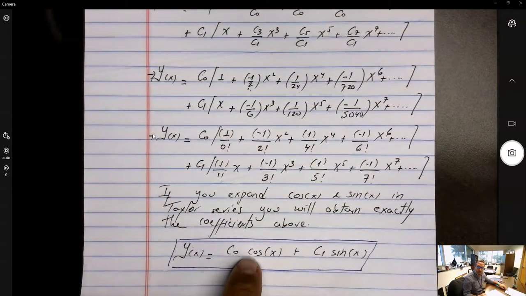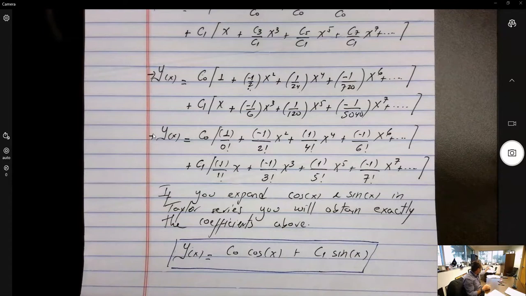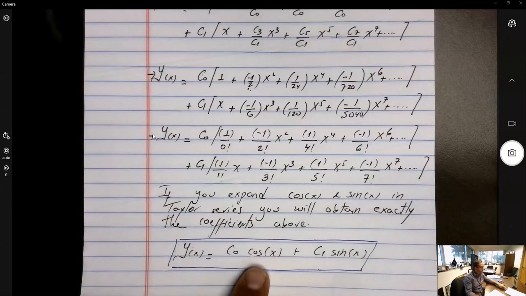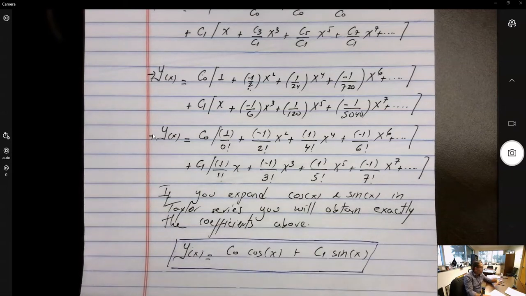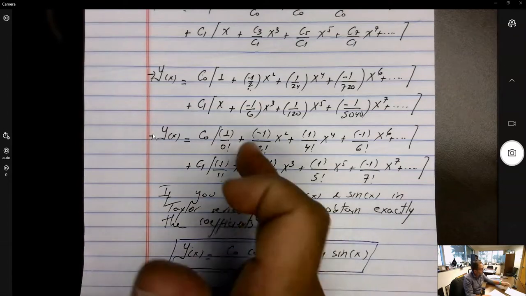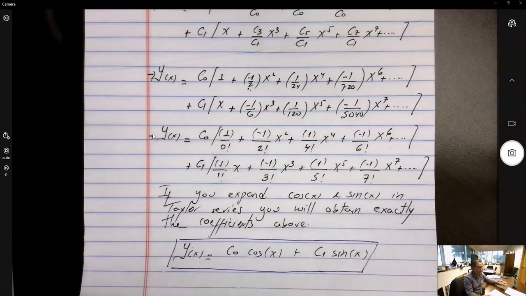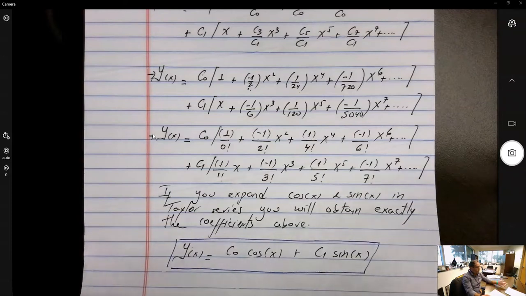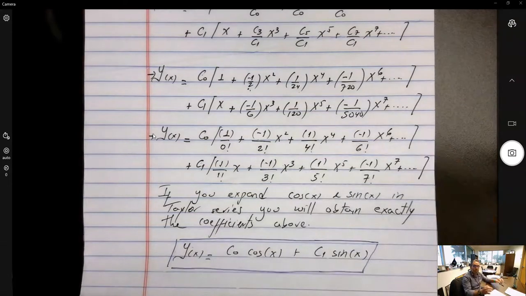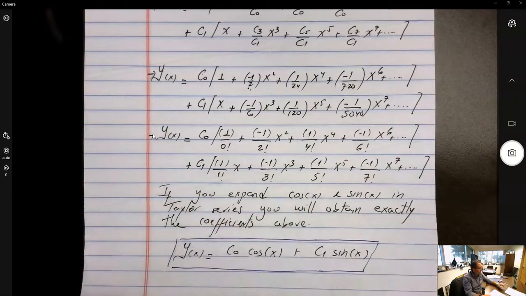If you take a cosine and expand it in terms of a Taylor series, remember the coefficients are the derivative of these divided by n factorial, the derivative of these evaluated at x equals 0 times the third derivative, the fourth derivative, the fifth derivative, and this is a cosine and this is a sine. All right, so it works out. So we found through a series approximation of the solution that the answer is exactly what we expected, cosine and sine. So similarly, we can do the same with another version of the equation.